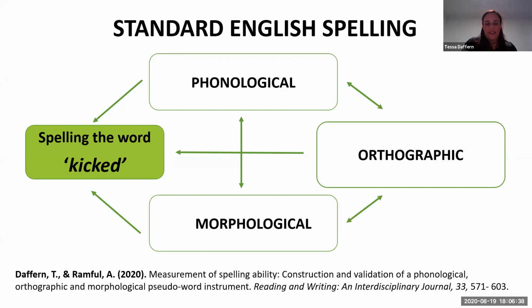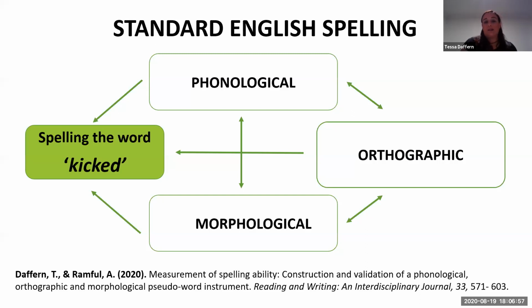And this means that the learner who's not quite sure how to spell that word, in order to spell it correctly, needs to know that it isn't actually plausible to start a word with the letters CK, for example. It's just not a legal letter pattern in the English language.